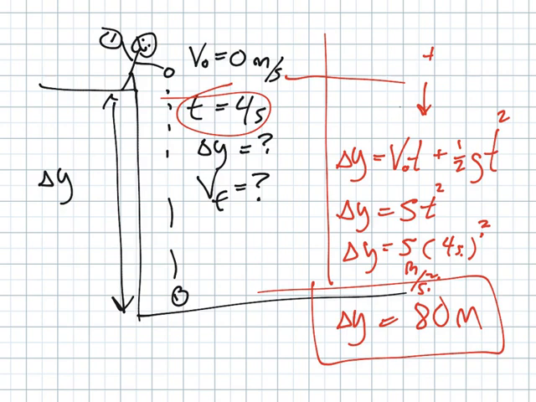Next, what is its final velocity? Let's think about this. And again, there are different ways of answering these questions. Sometimes if you look at the information, if you understand what acceleration is, you can get the answer without even writing anything down. All right, so I'm looking for V final.